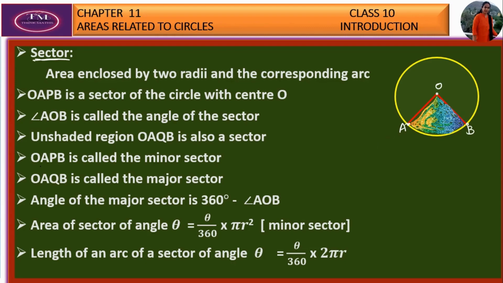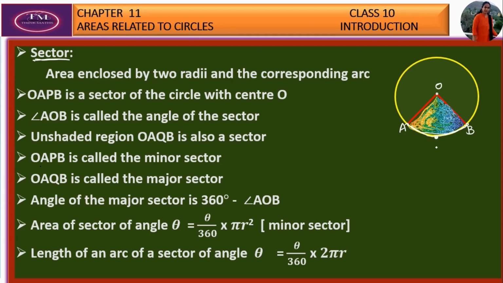With the arc AB and radii OA and OB, there is an area. This is the sector. This shaded portion is the sector.